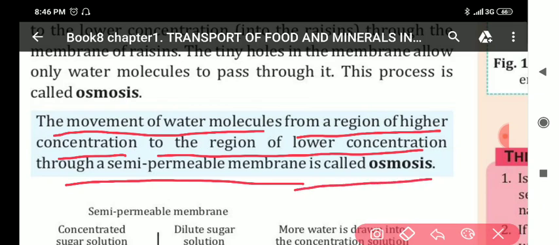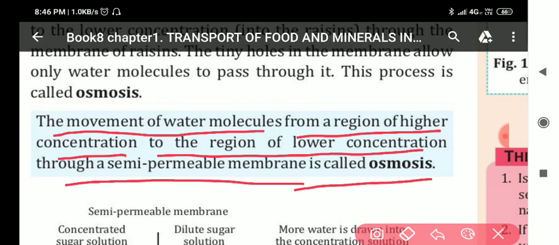So this definition is very important. You must learn it. What is osmosis? The movement of water molecules from a region of higher concentration to the region of lower concentration through a semi-permeable membrane is called osmosis. So this is the definition of osmosis.